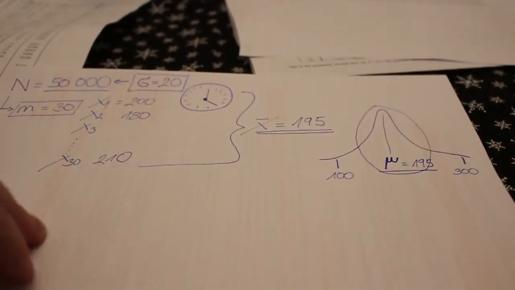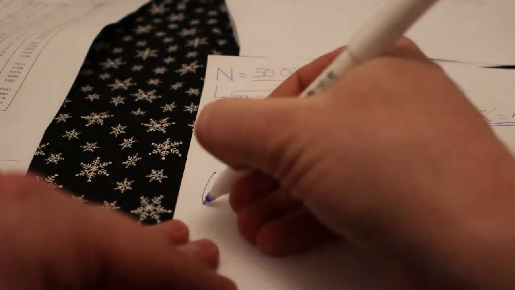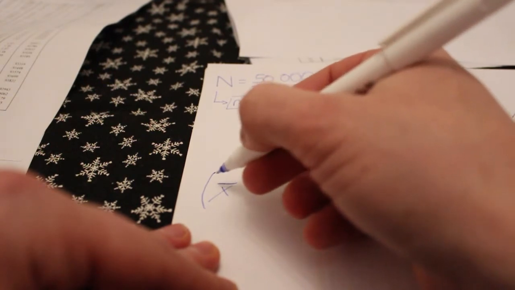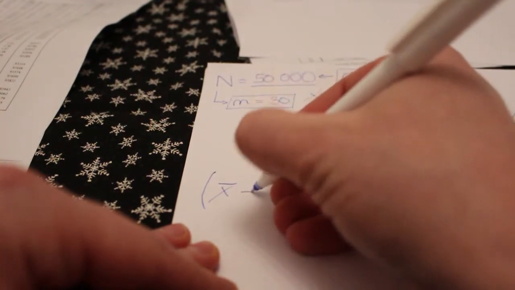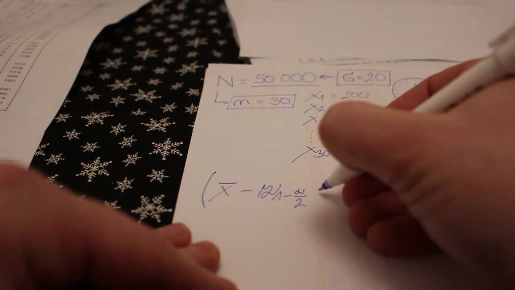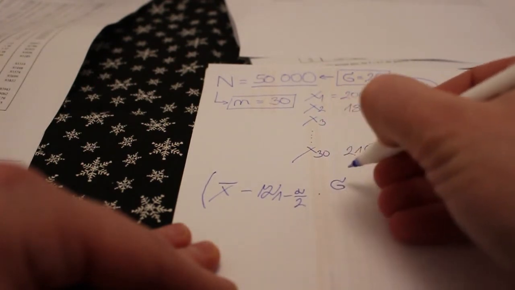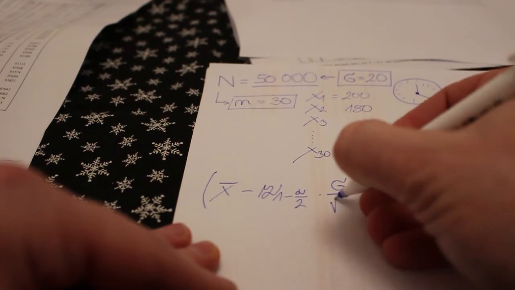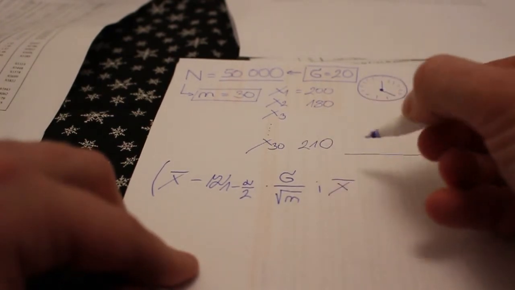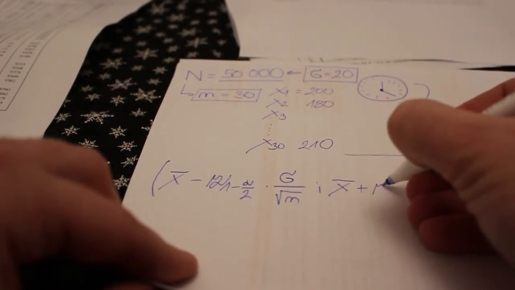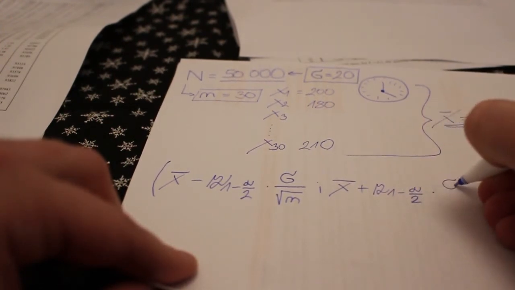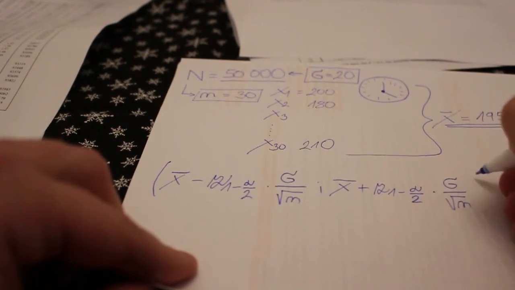What's written here? On the left side, mu or x with stripe, the mean, minus z 1 minus alpha divided by 2 times, in our situation, known sigma divided by square root of n, and the right side, x with stripe, the mean, plus z 1 minus alpha divided by 2 times sigma divided by square root of n.